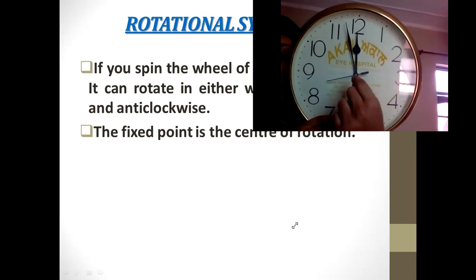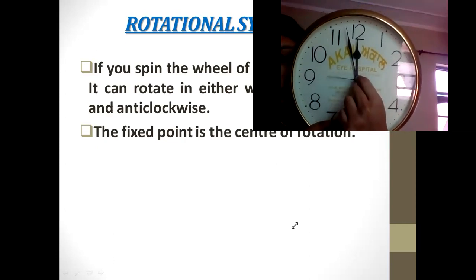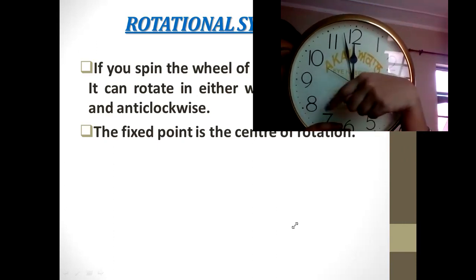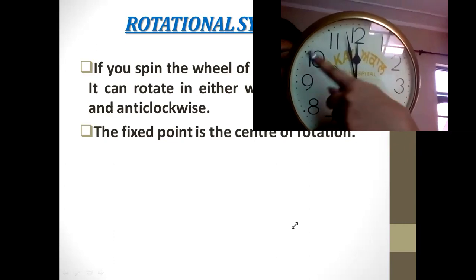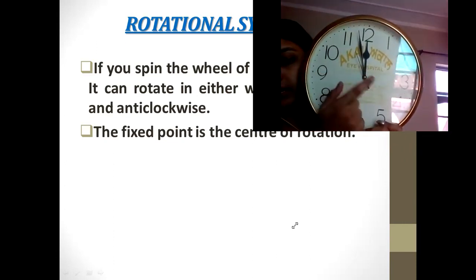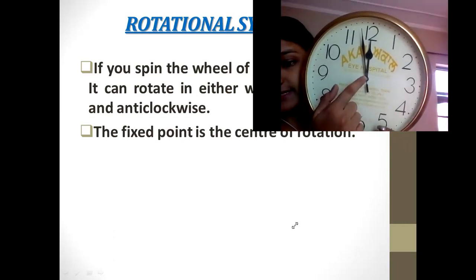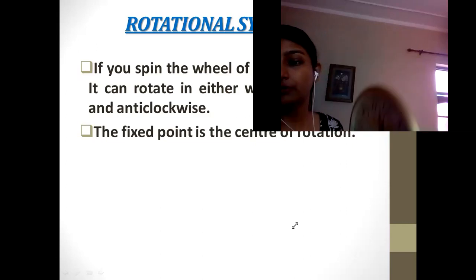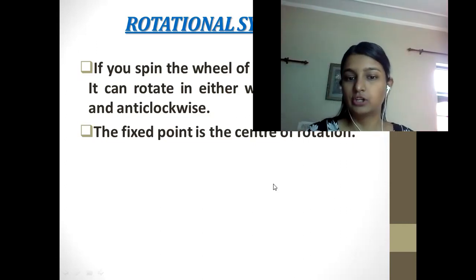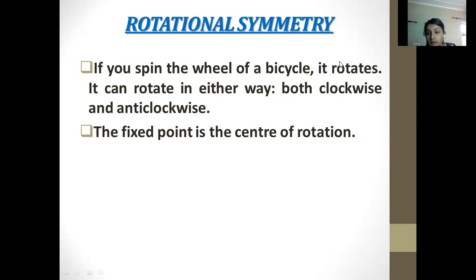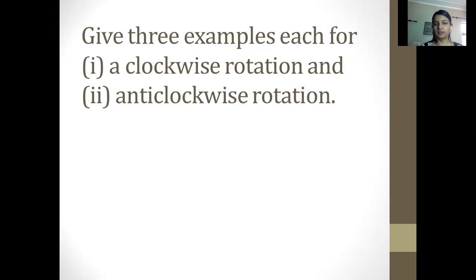If these hands of the clock are moving, they have one end point here, and they move around all the hours of the clock, but they again have one end point, that is the center one for both hands. So this is what the center of rotation is. We can say that it is a fixed point because it is not moving, but the hands are moving, isn't it? So this would be the center of rotation.